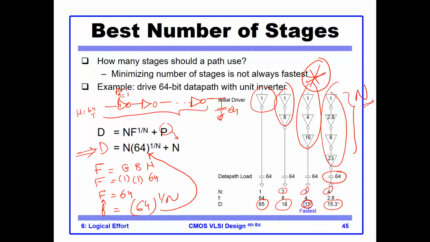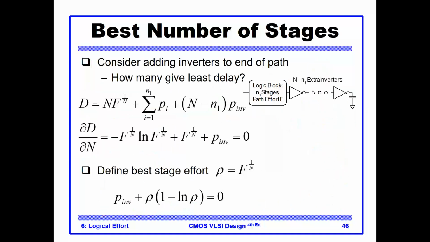So in fact, it's a classical problem of finding the best number of stages to optimize the delay. Which leads us to this question: suppose I have a logic of n1 stages, n1 levels. Then I add n minus n1 just inverters, so that I have the entire path of n stages.